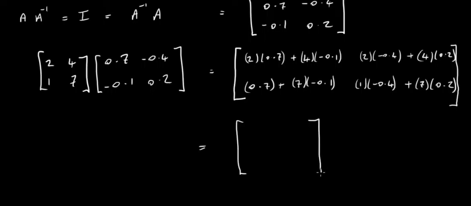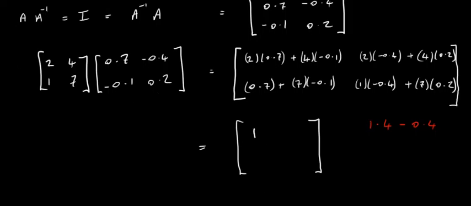It's going to be a 2 by 2 matrix anyway, so 2 times 0.7 will give me 1.4, and here I'm going to end up with minus 0.4. So I have 1.4, and then subtract 0.4, so here I'll just end up with 1. So this will give me my 1.